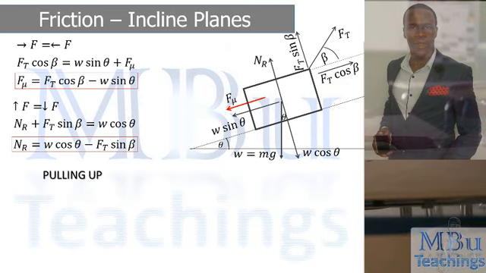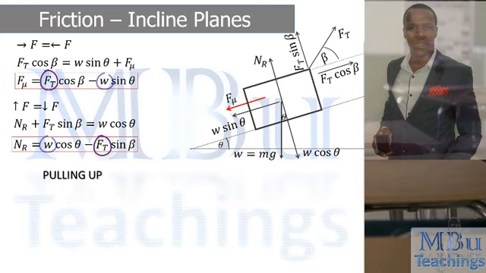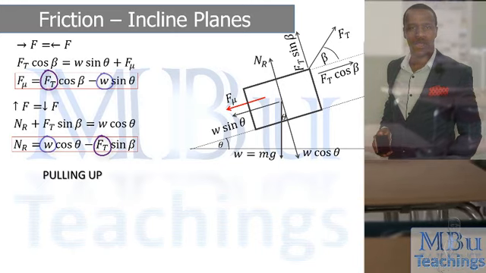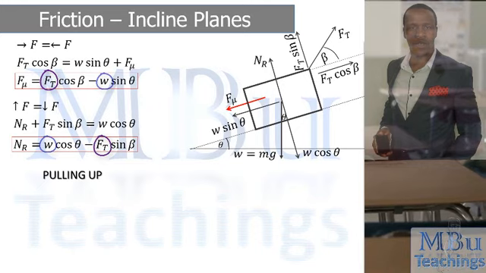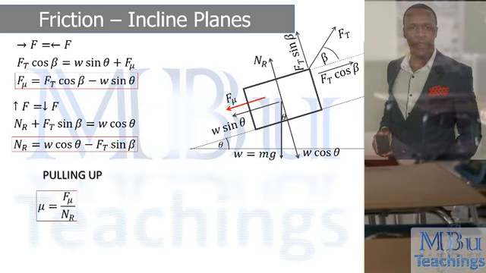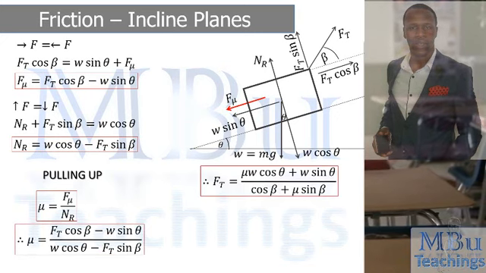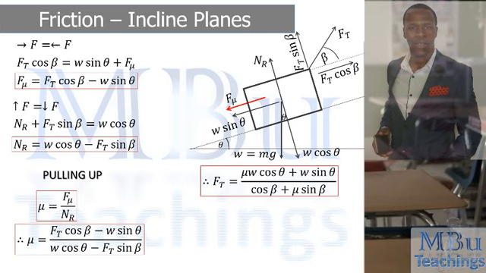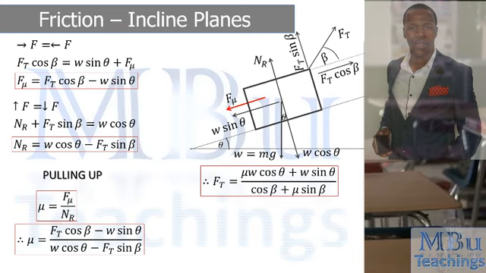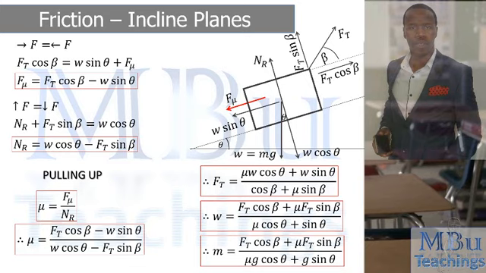Number three, we need to notice that Ft appears on both of our equations, both for the equations of Nr and F mu. Therefore, we should use the formula for mu to find Ft, and then make Ft the subject of the formula as well as W and M. That's it.